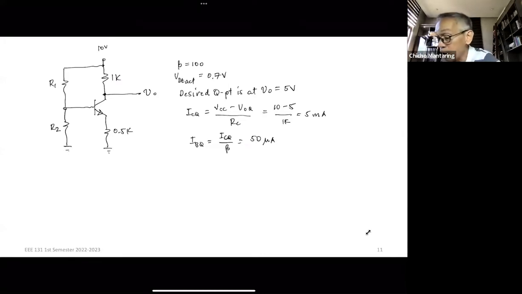But by the way, let me compute for V sub B. Okay, what is V sub B?